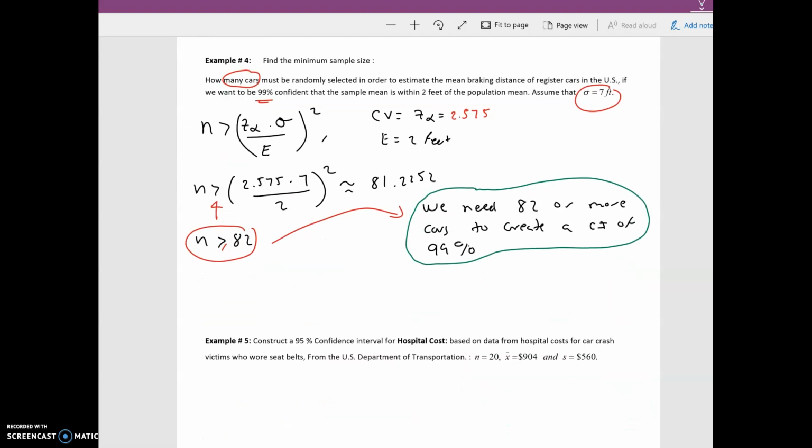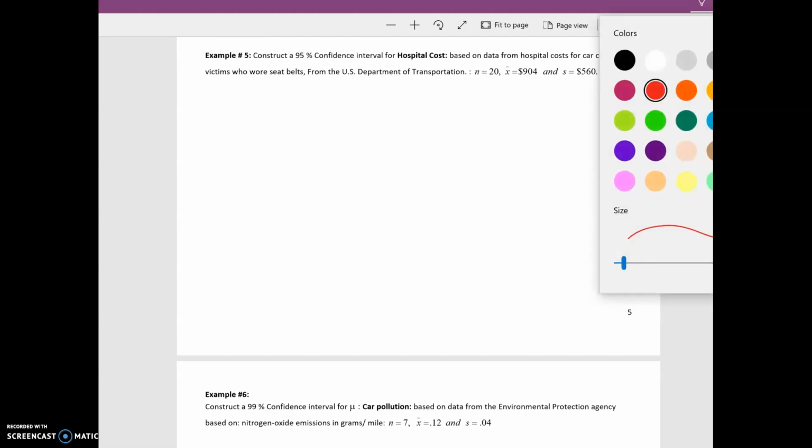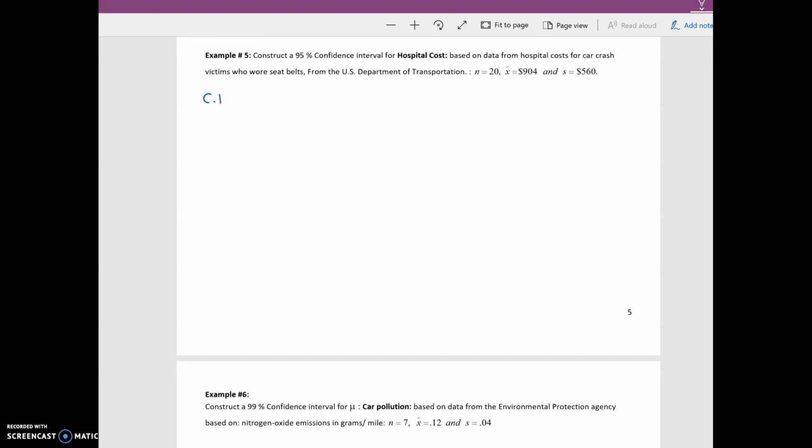Okay, let's go to example 5. Now, in example 5, what they want us to do is a CI of 95. So let me rewrite it as CI of 95. And then you're given that n is equal to 20.